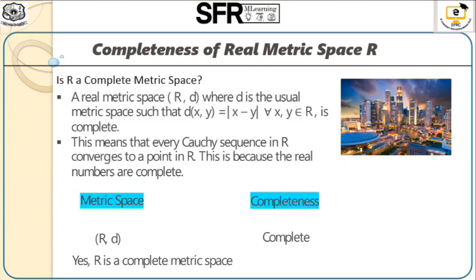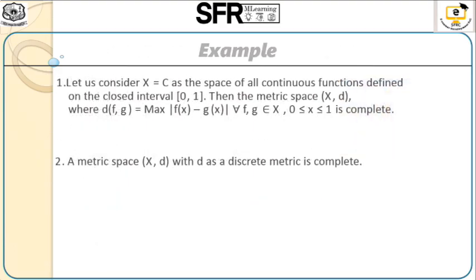Let us see some more examples for complete metric space. Here let us consider the space C as the space of all continuous functions defined on the closed interval 0, 1.